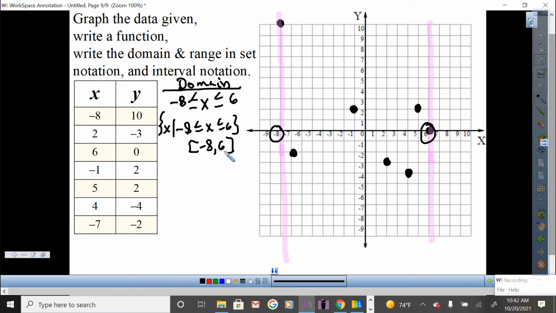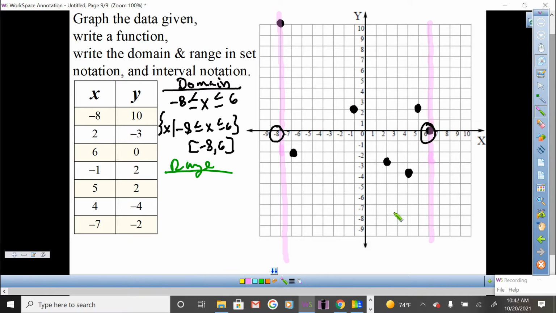Okay? I'm going to go with the range now. Alright, let's see. What is the farthest point at the bottom? The farthest point at the bottom is this one right here. And it goes through y of -4, yes. What's the farthest point on top? Well, that's obvious. It's over here, Mr. Q. And it goes through the y of 10. So my range, or dividing points for the range, are what? -4 and 10.